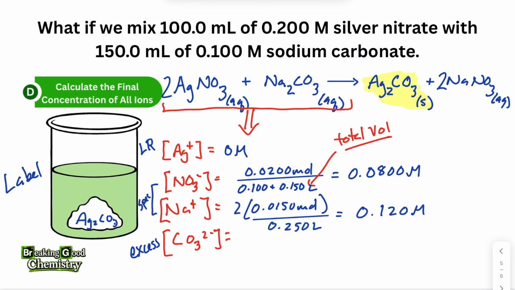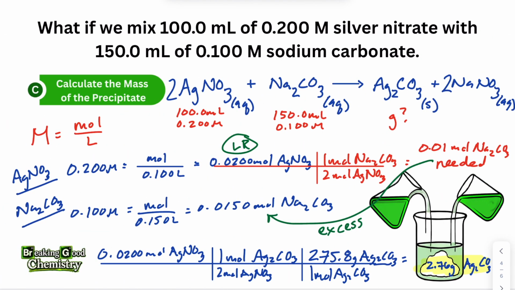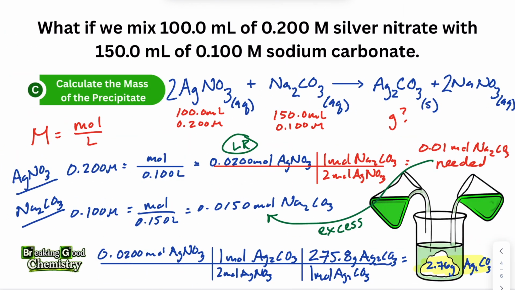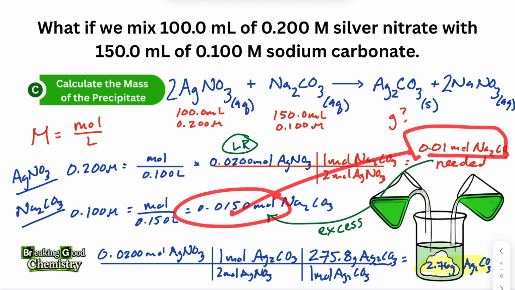And finally, the most tricky one. I started with 0.015 moles of carbonate. But this is part of the precipitate. So as it's being used, it is getting consumed. So what was being consumed? You've actually done the work. This is how much was needed. So if that's how much was needed, and this is how much I started, I have both these together.